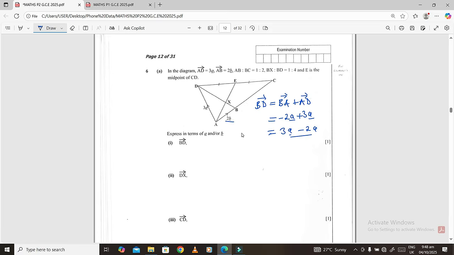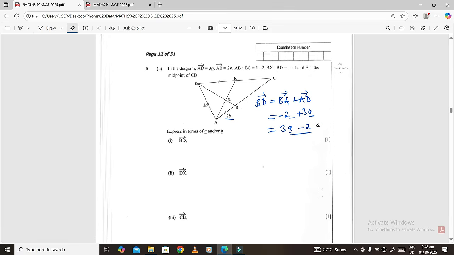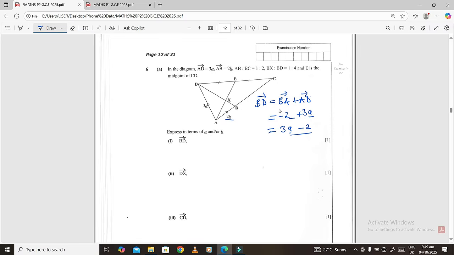Did I do the right thing? No. There is a mistake here. This is not A. This is B. They're different. Okay. So we can now say our answer here is a 3A minus 2B. Like this. Okay. We go to the next one.